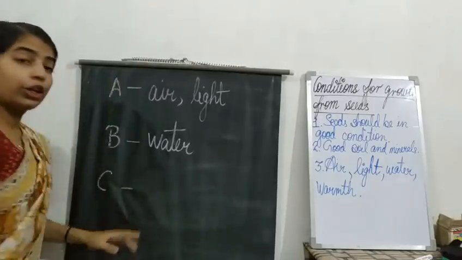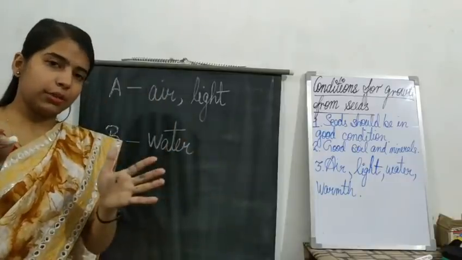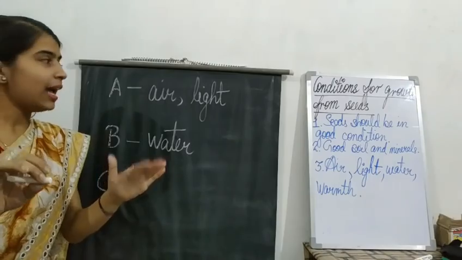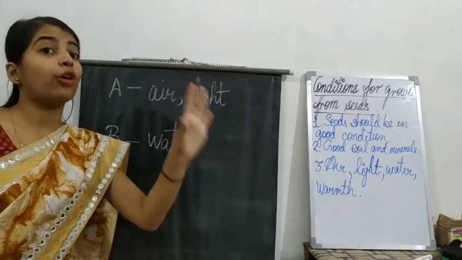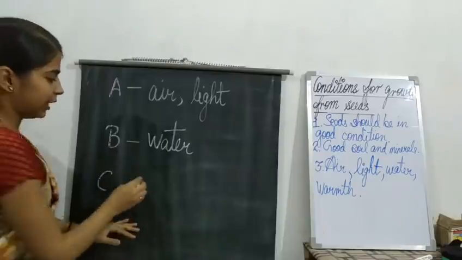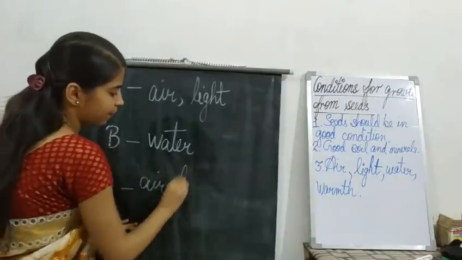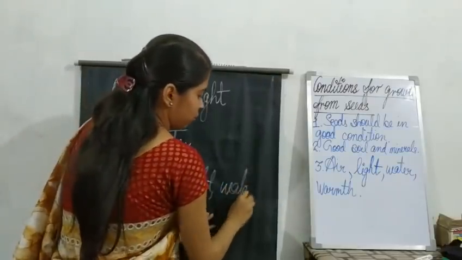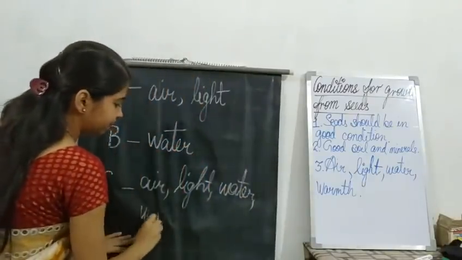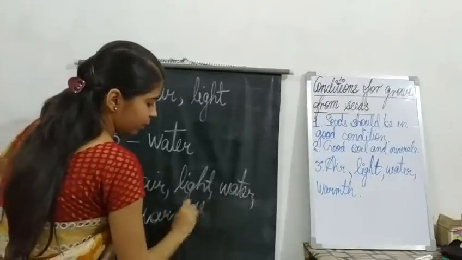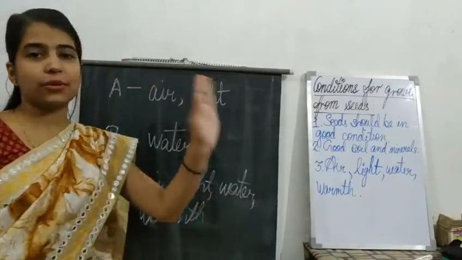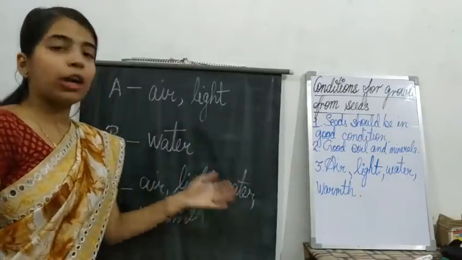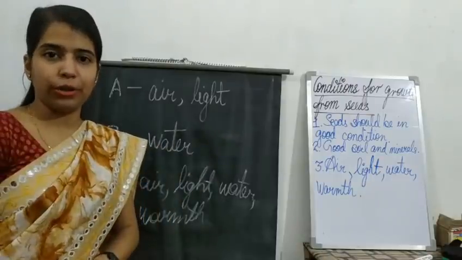Third case, again the third bowl, you put a moist cloth over the seeds and keep it at the side of the window, where it will get air, light, water, and warmth. Air, light, and warmth it will get from the sunlight, and water it will get since it has a moist cloth over it.